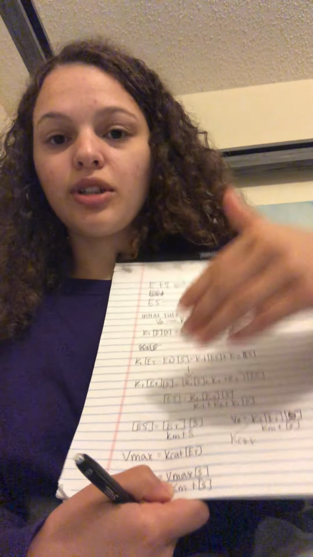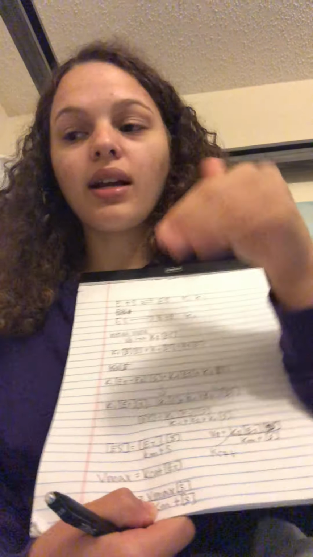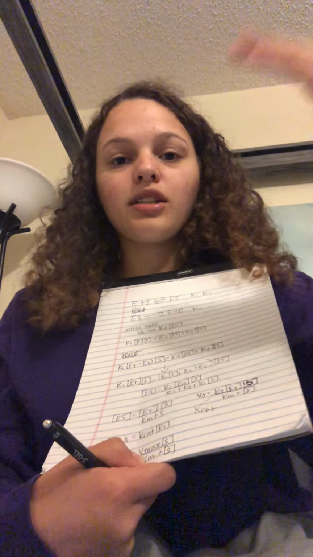Up here we described what the Michaelis constant was: K-1, the backwards rate constant, plus K2, the second step's rate constant, divided by K1, the forward rate constant of step 1. Together, this will give you the final form of the Michaelis-Menten equation.